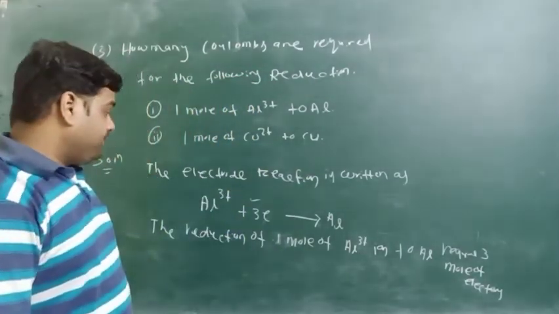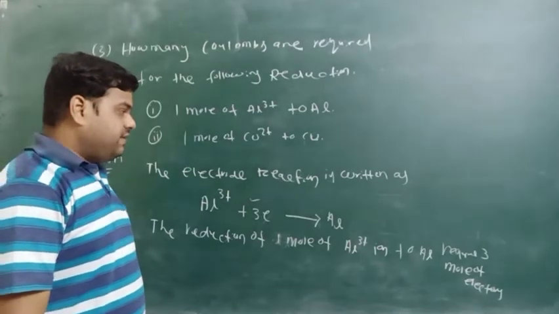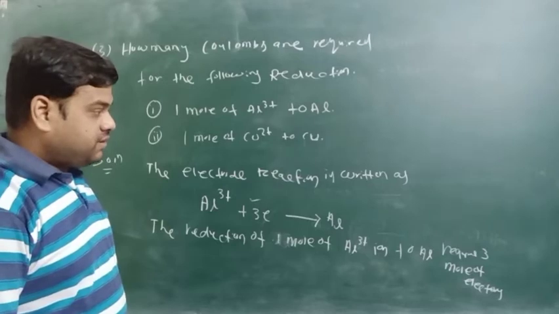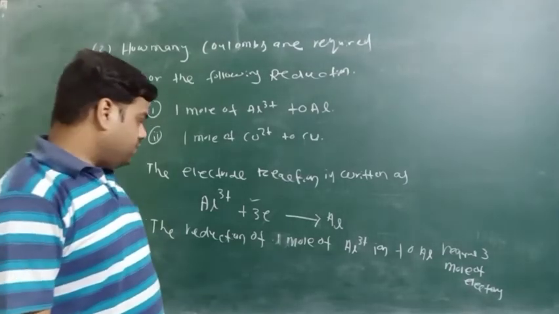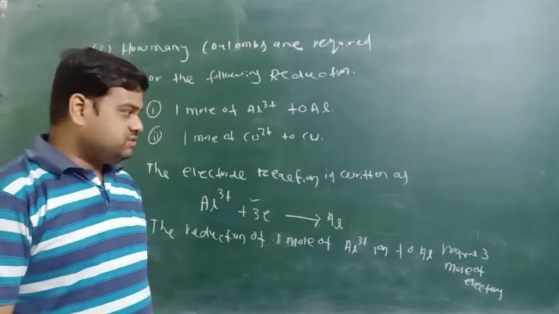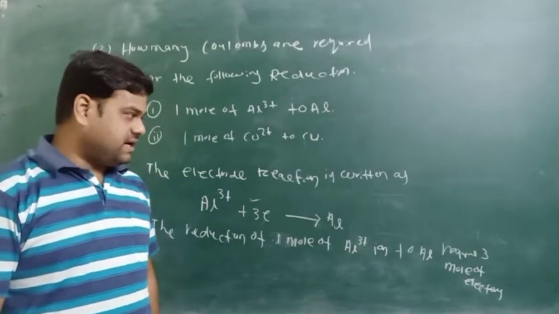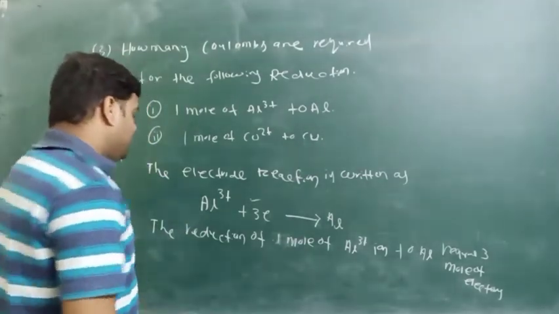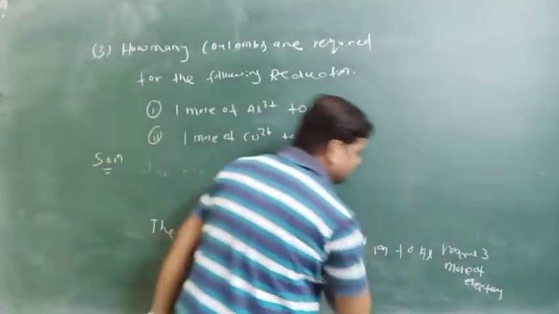We know that when 1 farad of electricity is supplied, for 1 mole we supply 96,500 coulomb. For 3 moles we will multiply with 1 farad, meaning 3 into 96,500 coulomb.